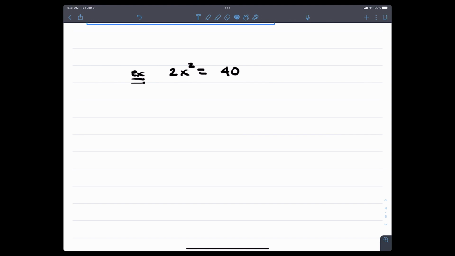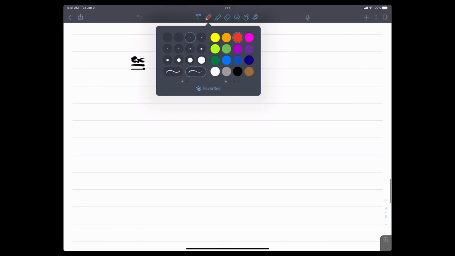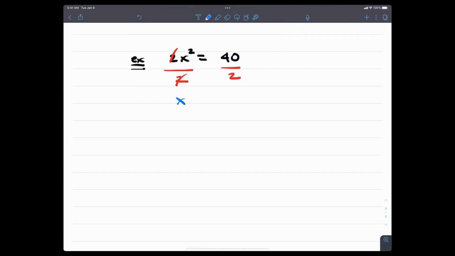So what do you think you guys should do first to get x squared by itself? Outstanding. You're going to divide both sides by what? By 2. Outstanding. Good. And that gives you now x squared. What's 40 divided by 2? Is 20. Good. I'm glad you guys can see that. Good job.